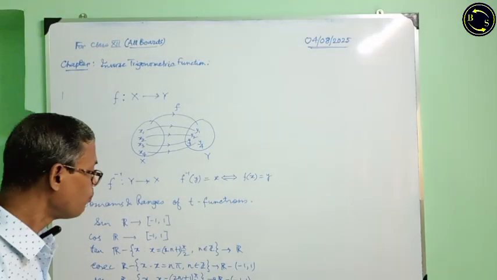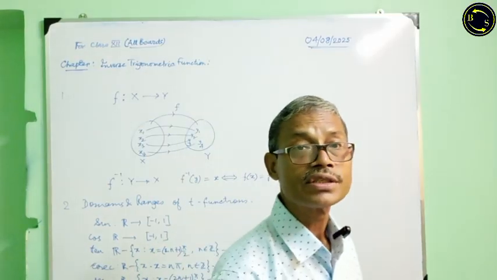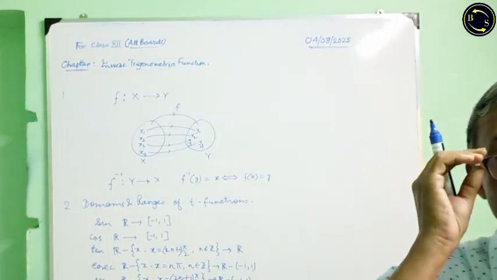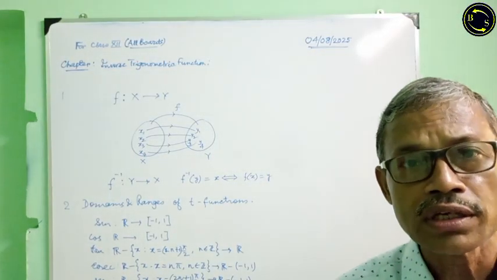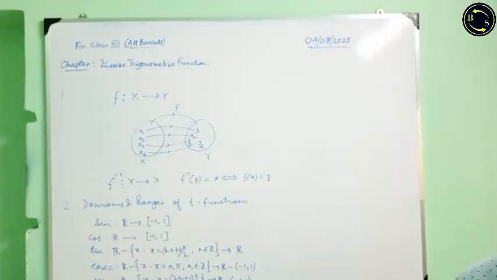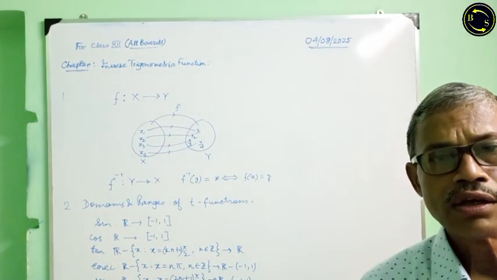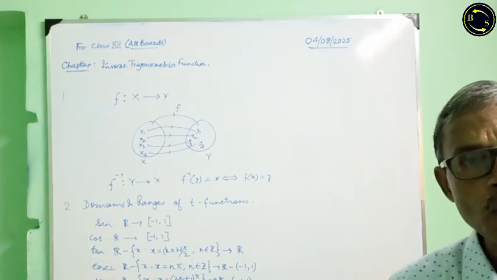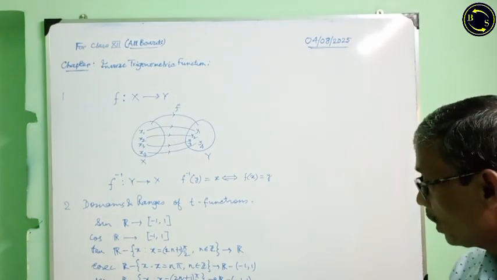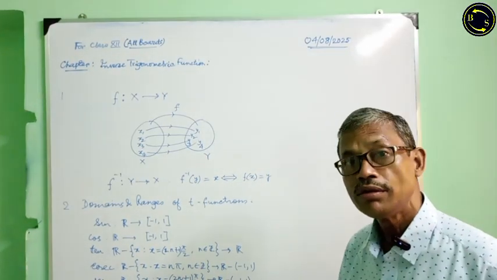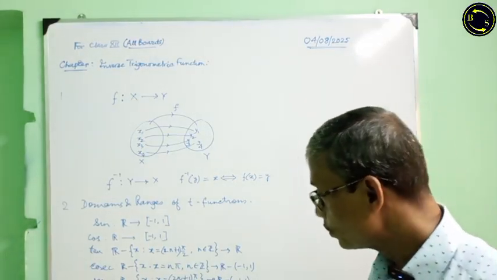Actually, you know that in case of cosec and sec, the value of cosec theta or sec theta will be either greater than or equal to 1 or less than or equal to minus 1. That is why this symbol has been used.